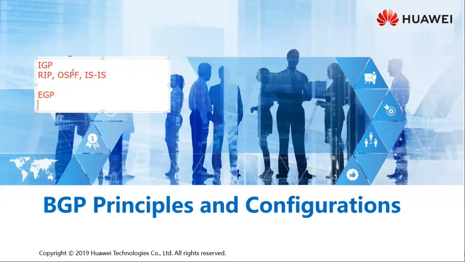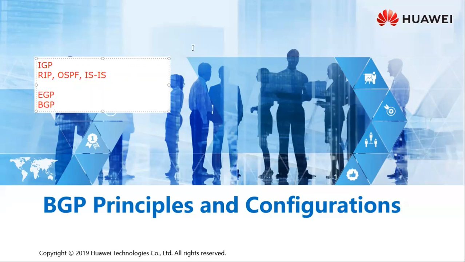One of the examples of an exterior gateway protocol is BGP. And as we are going to see, we had a protocol called EGP, but there were things it could not do, and therefore BGP replaced EGP. But BGP is still thought of as an exterior gateway protocol.